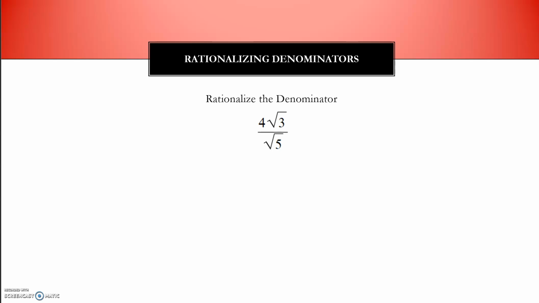The only thing else that I could do to it in terms of simplifying is to go to my calculator, figure out what 4 times the square root of 3 is, and divide it by the square root of 5. And I'll get some nasty decimal number. But maybe I don't want to do that. Maybe I've been asked to give an exact answer. Maybe I'm going to do something else with this number that having a decimal would be a problem.